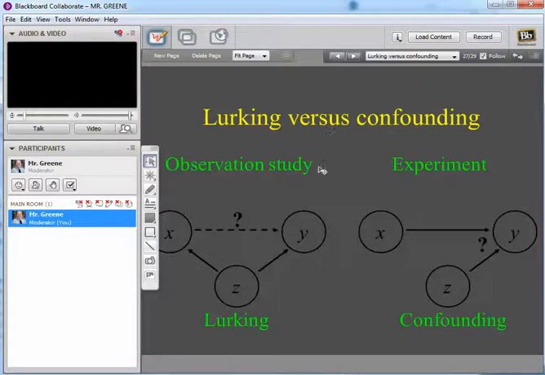Okay, now when you're taking information and gathering data, one of the things that you might notice is that in an observational study, you think there's X and Y, but there's some other variable. It's called a lurking variable, sitting out here, that's affecting both X and Y, and you just didn't know it existed.